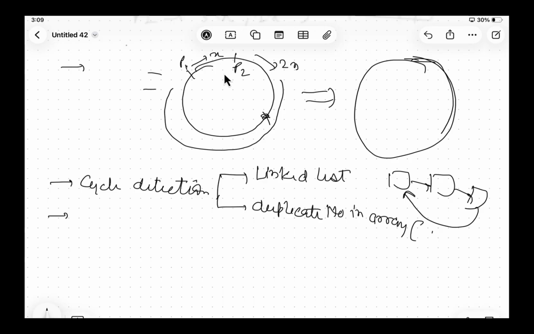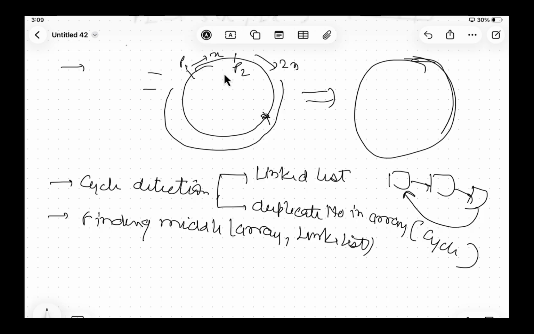But this is for the cycle concept only, remember that. Another use case is finding the middle in an array or linked list. Most of the use cases are with linked lists. If you see the problems now, you'll observe that.